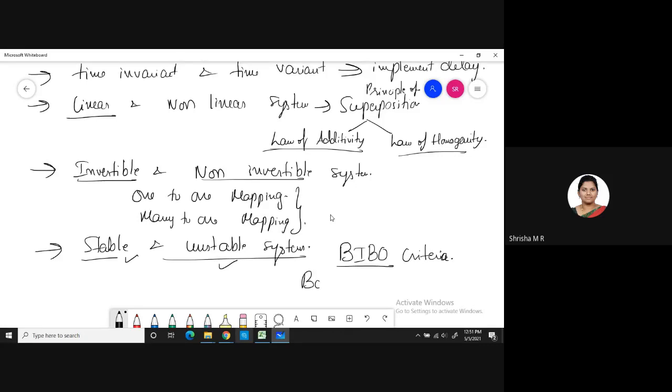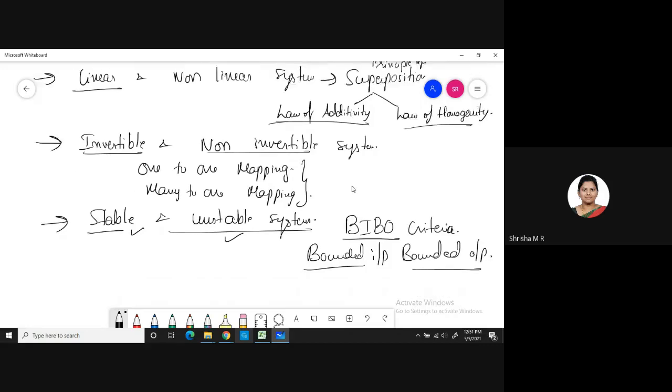BIBO means bounded input, bounded output. So what is the meaning of bounded input and bounded output? Bounded input means the amplitude of input should be finite. Okay, it should not reach infinity.